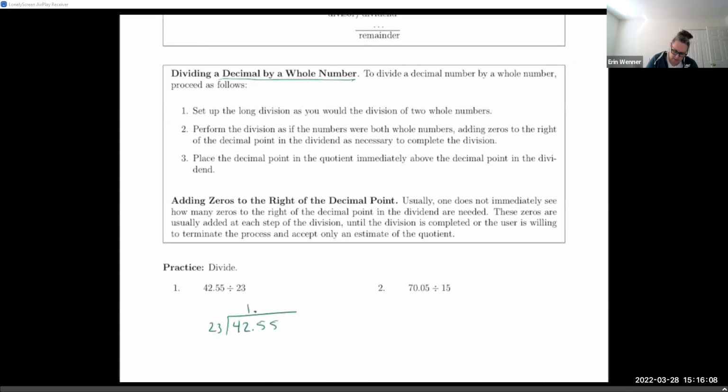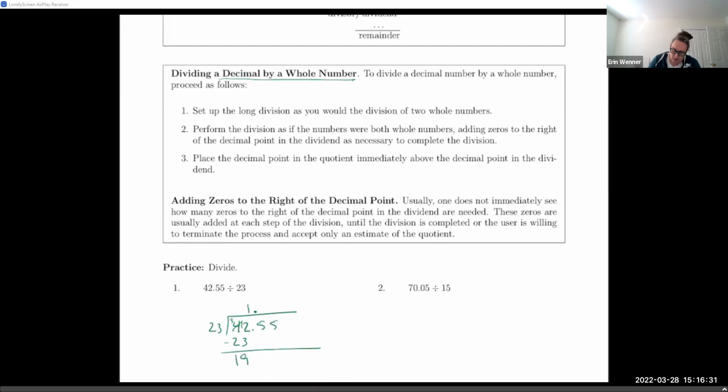And we're going to put our decimal point right above. You just place it right above. And so 1 times 23 is 23. We'll subtract. We have to borrow here because we're doing 2 minus 3, which we can't do. So we have to do 12 minus 3. 12 minus 3 is 9, which leaves us with 3, and 3 minus 2 is 1.